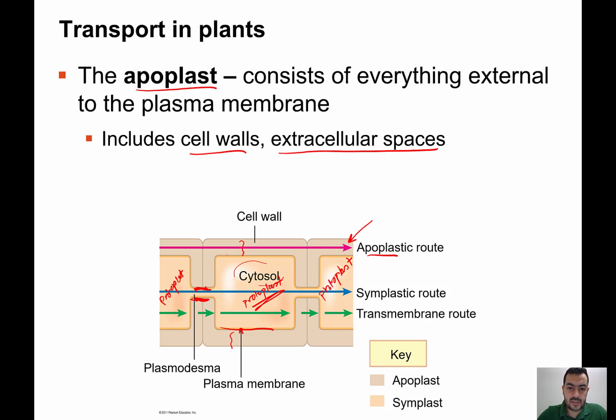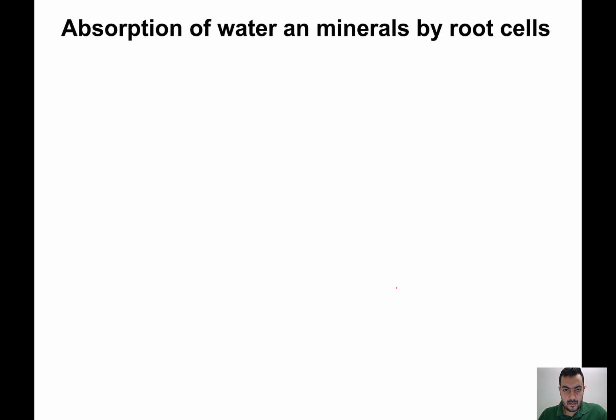So the protoplasts are connected and are known together, or collectively, as symplast. Therefore, transport taking place through the symplast is known as symplastic route. So symplastic route is a continuous transport from one cell to another through the channels connecting the cells, which are the plasmodesmata.